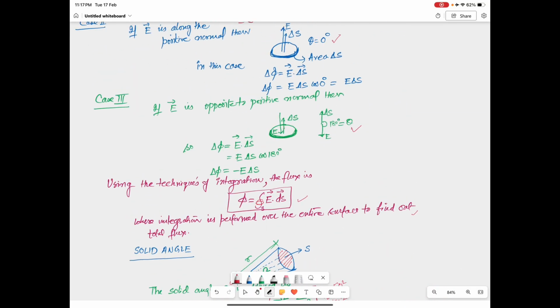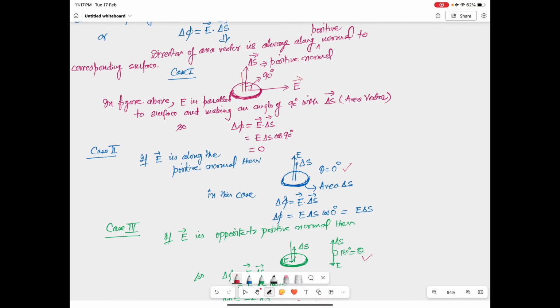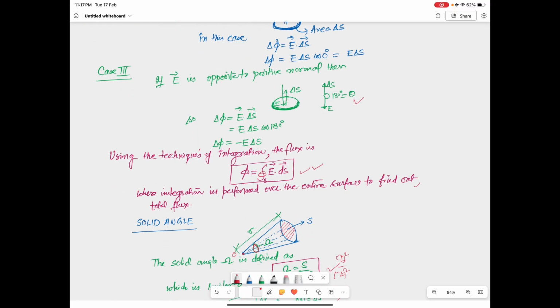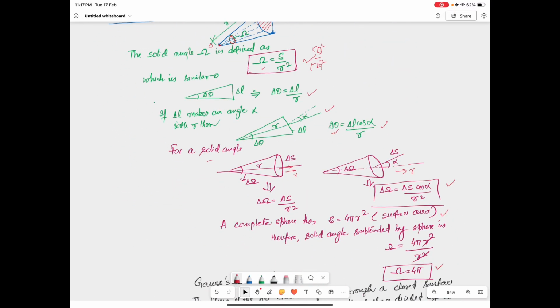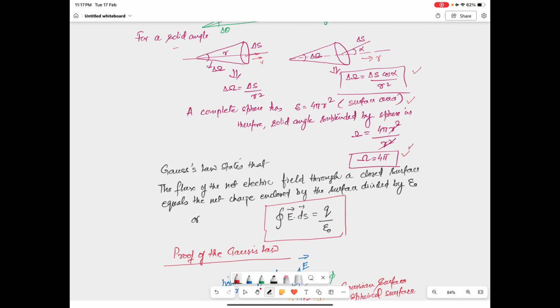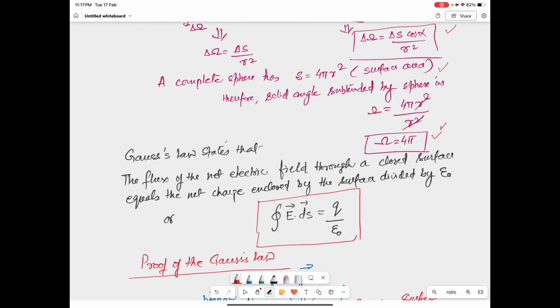One is electric flux, which I have explained, and the second is the solid angle. Now, after having understood these, Gauss's law states that the flux of the net electric field through a closed surface equals the net charge enclosed by the surface divided by epsilon naught.